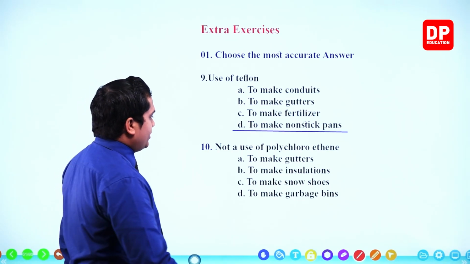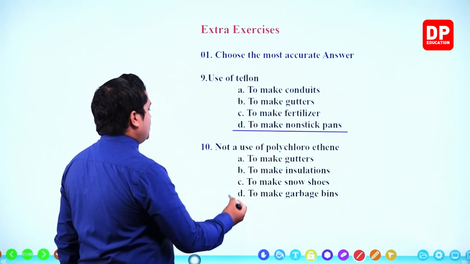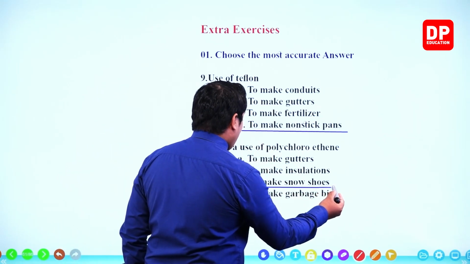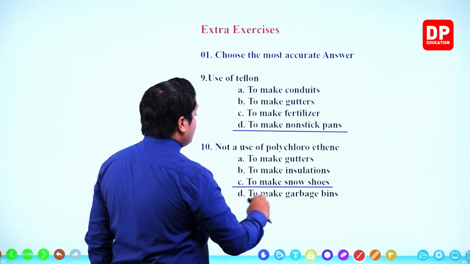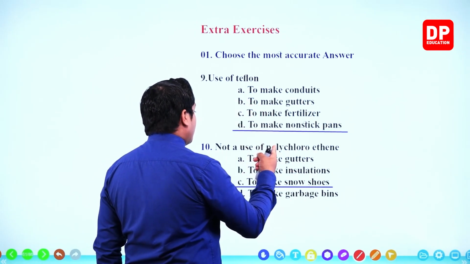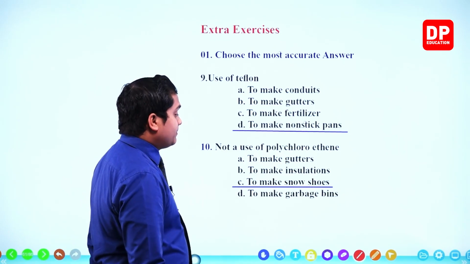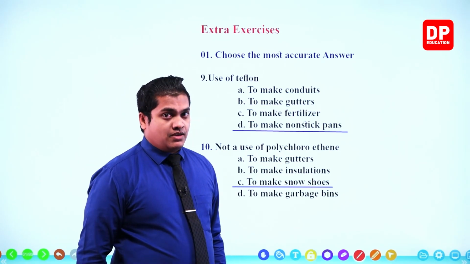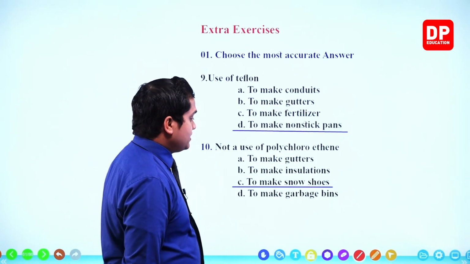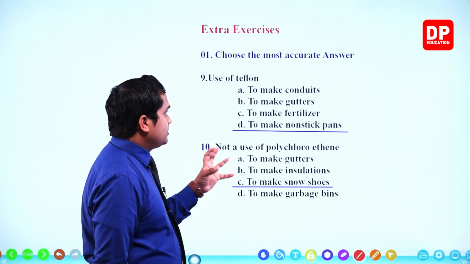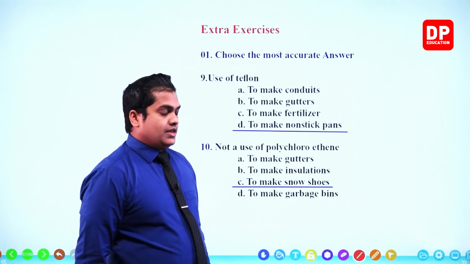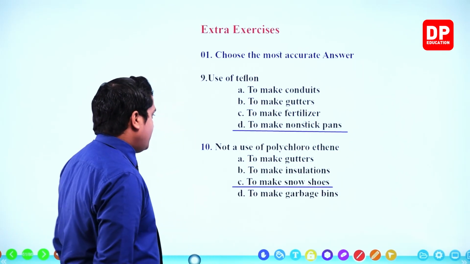So my dear children, not a use, no. To make snowshoes, we use Teflon. To make garbage bins, we use polychloroethene or else PVC. There are some garbage bins which are made by PVC. Okay. So our answer would be to make snowshoes, my dear children. To make snowshoes, we use Teflon. And this is the answer for the question number 10.